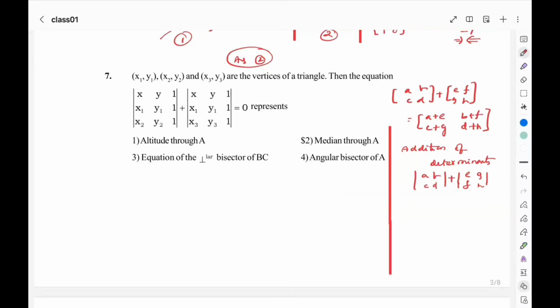But this determinant addition is possible: ABCD plus ACGH, keeping one identical column as it is. Don't add A plus A; you can add the second column.